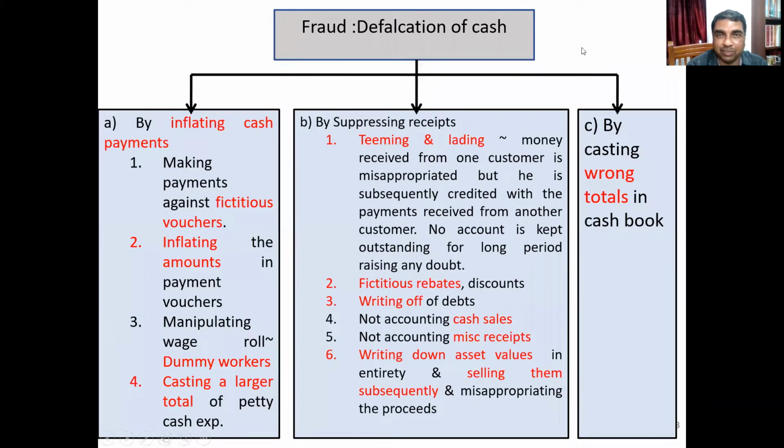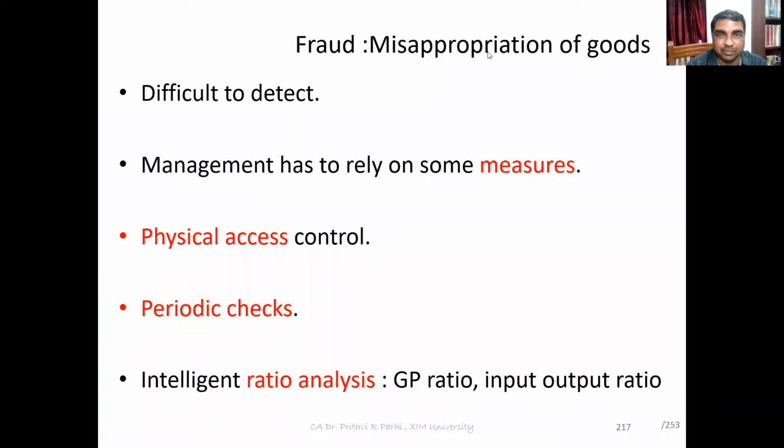These possibilities we have discussed earlier. And fraud may occur through misappropriation of goods also. Here we know that misappropriation of cash may be a little easier to detect, but misappropriation of goods is a little difficult to detect.